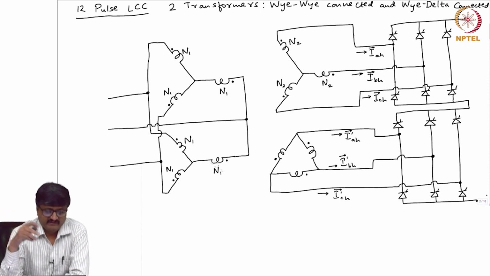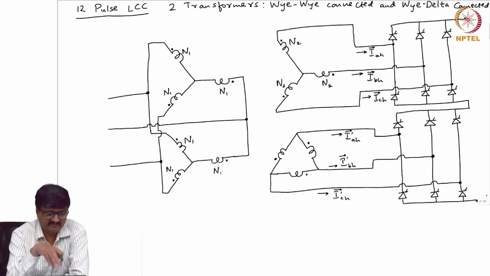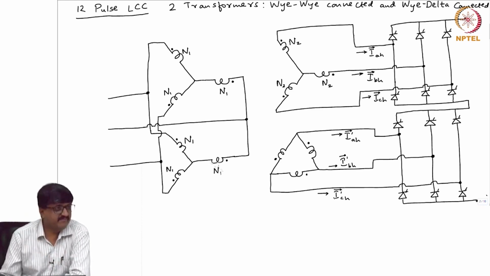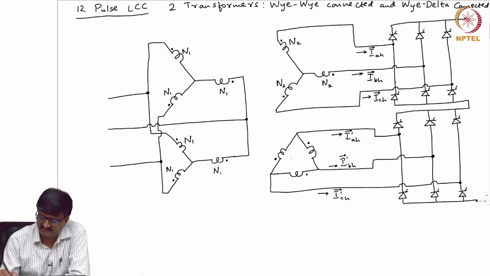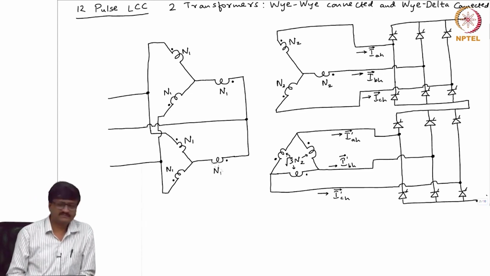So, if I supply the primary winding with the same voltage, they are connected in parallel. Please note that primary windings are connected in parallel. So, if I apply a voltage on the primary side and if I want the same magnitude voltages to be applied to the two 6 pulse LCCs, the number of turns should be root 3 into y. So, whether it is this winding or this winding or this winding, the number of turns is root 3 into y.